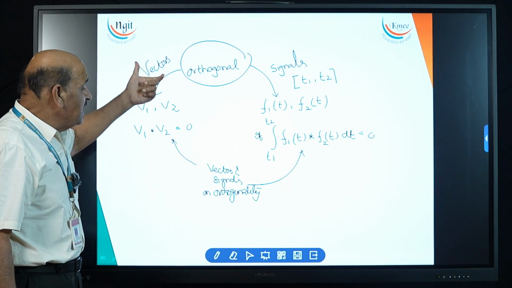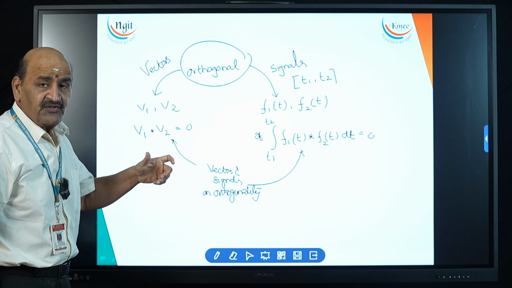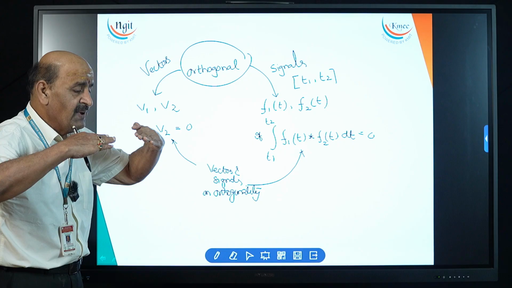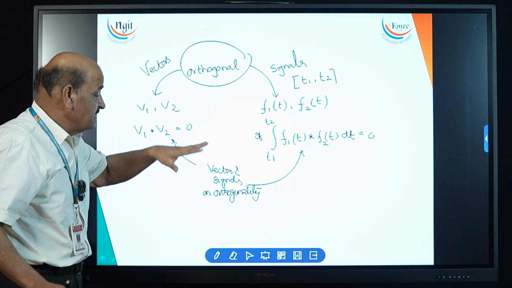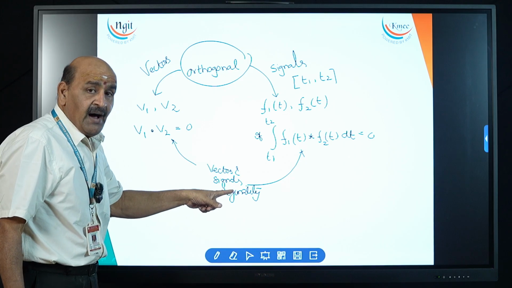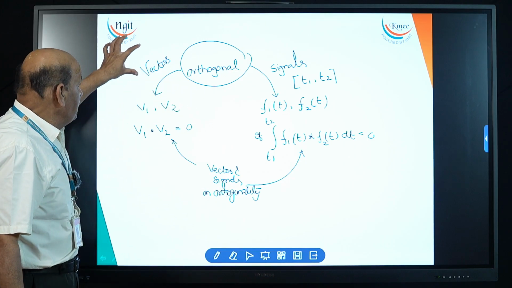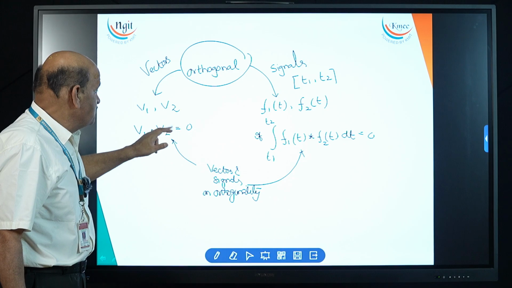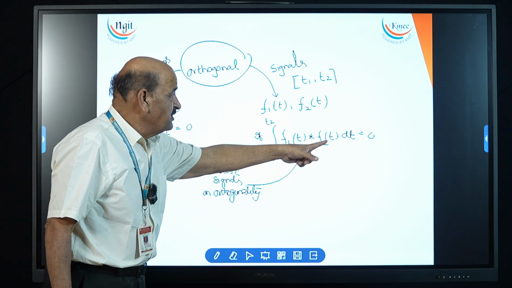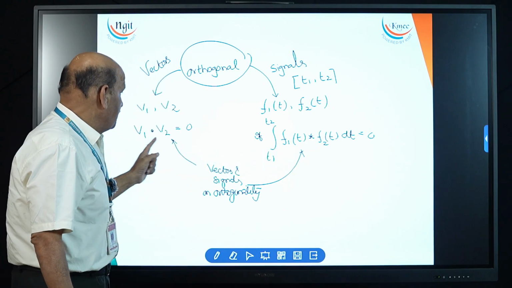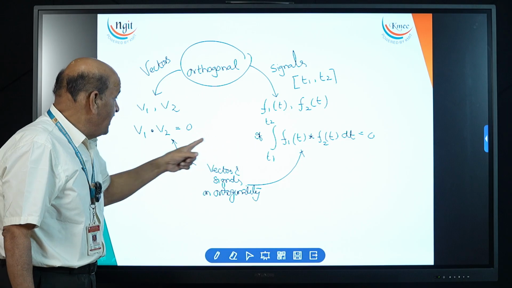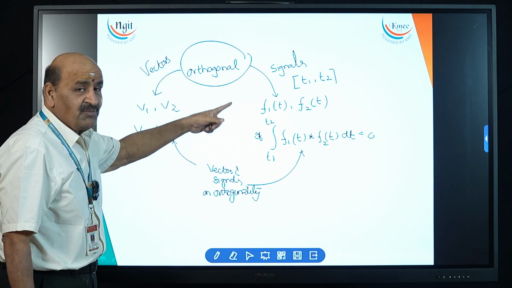In the analogy of vectors and signals, students have to make the analogy. How can you make the similarity between vectors and signals on only one basis, the principle basis? That principle is called the orthogonal principle. For vectors, the dot product of these two equals 0. But here it is the integral, this into this equal to 0. Just look, both are the same. This same property is called the orthogonal principle.